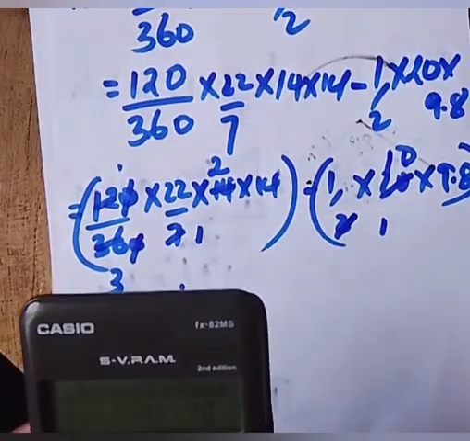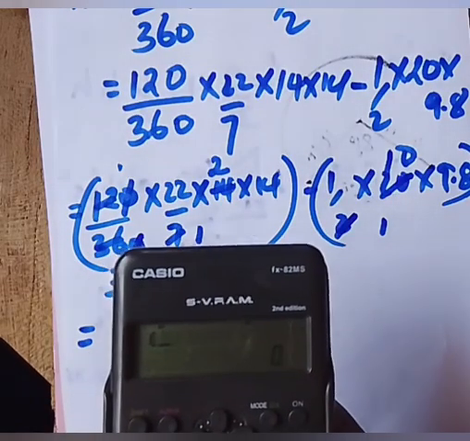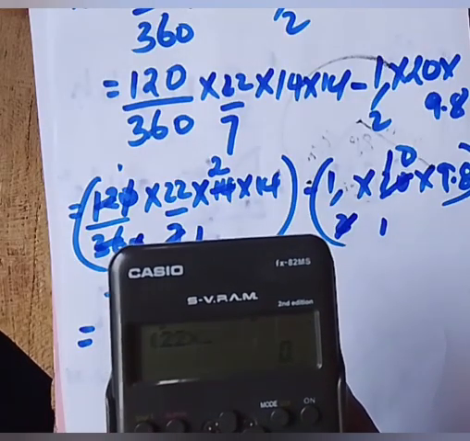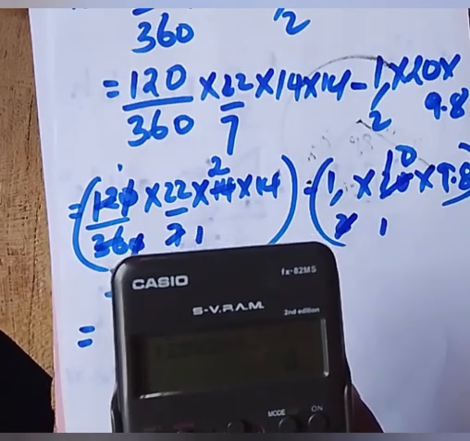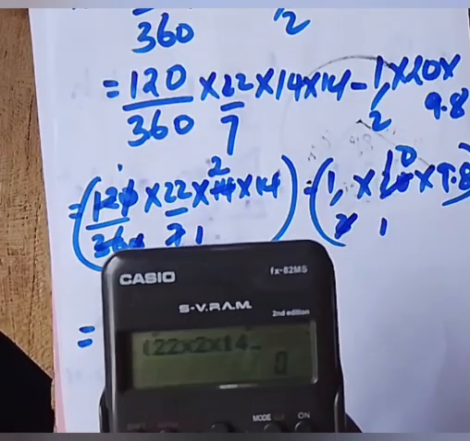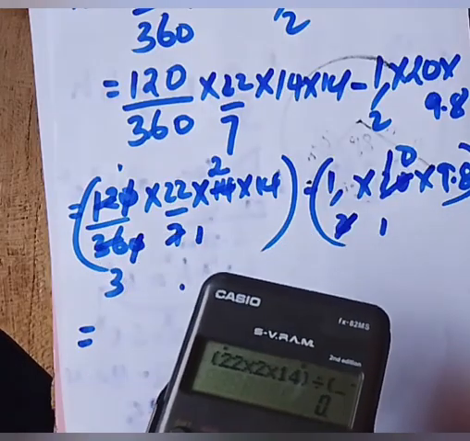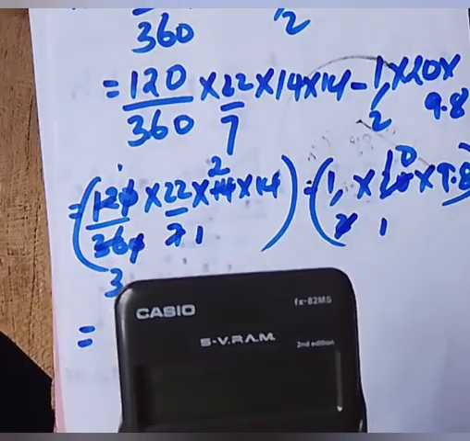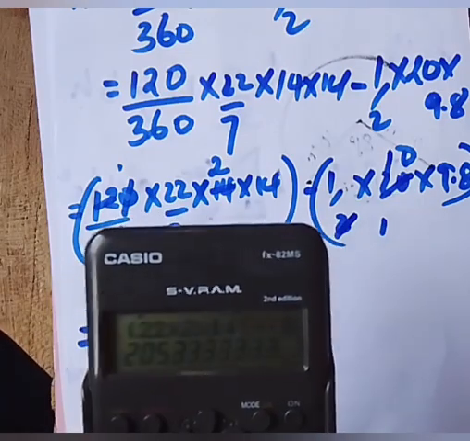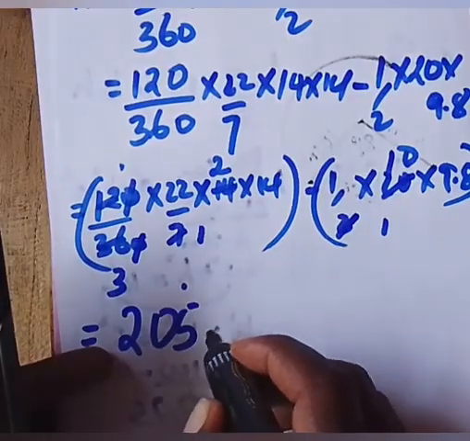The numerator in brackets is 22 times 2 times 14, divided by the denominator 3. Then you click the answer, and you get 205.333 centimeter square.